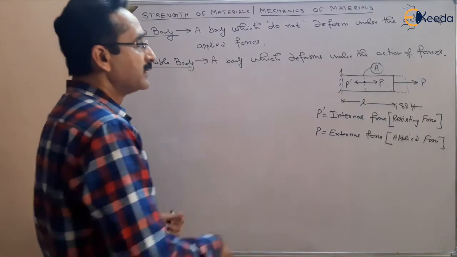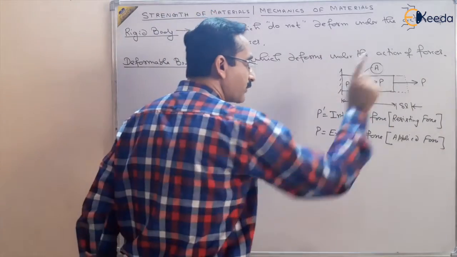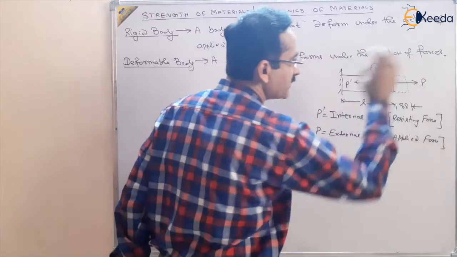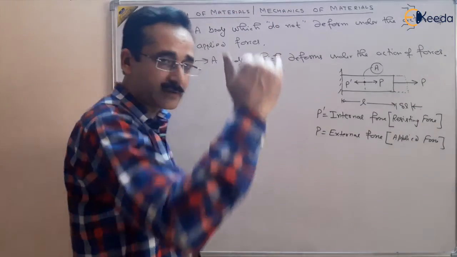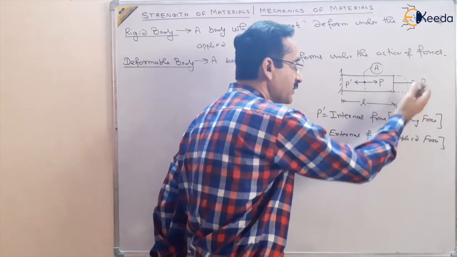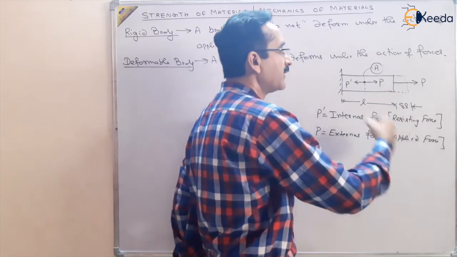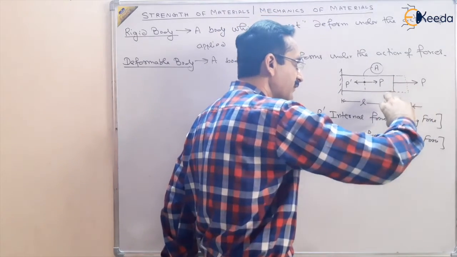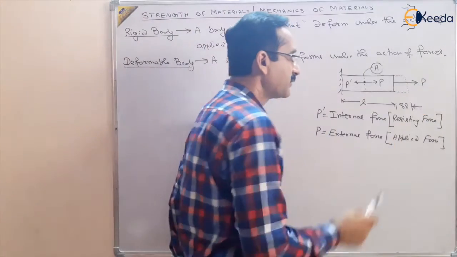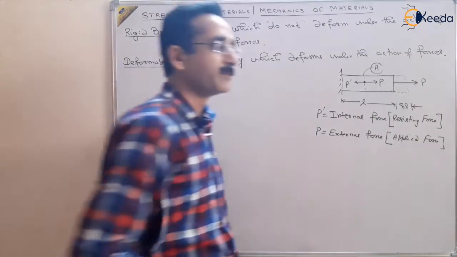After that limit, this P dash will no longer be able to sustain this deformation, and there will be a permanent deformation in the material after the removal of this force. So within elastic limit, if we remove this force, the deformation will be regained and the original dimensions will be regained. But if this force is high, there may be some permanent deformation in this material.